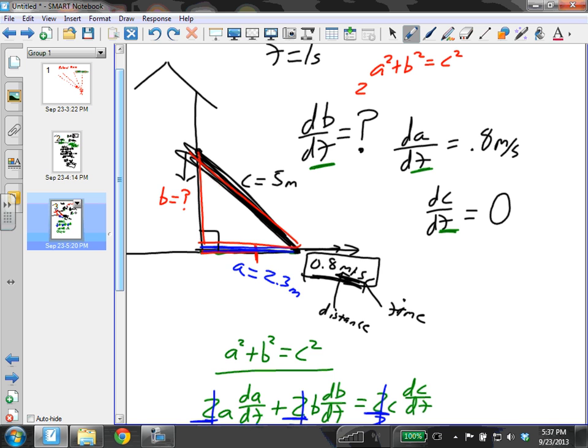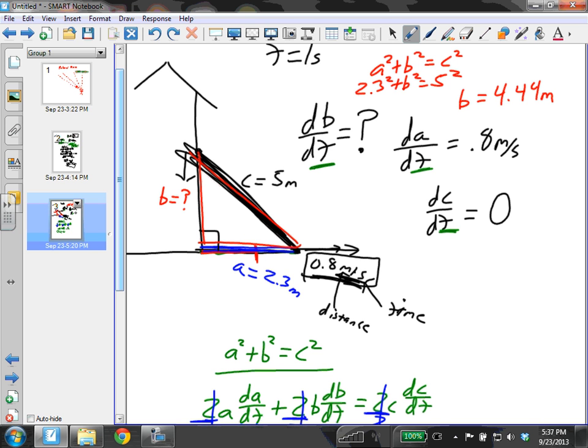So if we plug in for A, 2.3 squared plus B squared equals 5 squared. Using the Pythagorean theorem in order to solve for B, we will get that B equals 4.44 if you round to the hundredths place, meters.